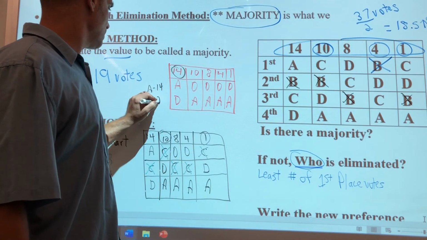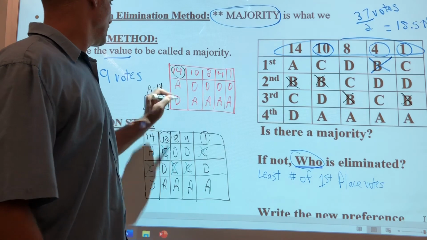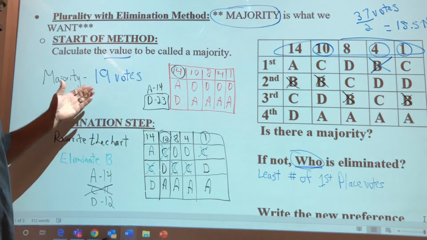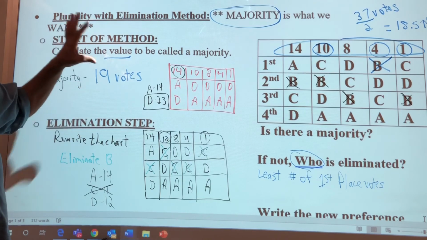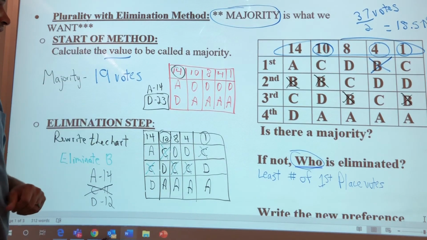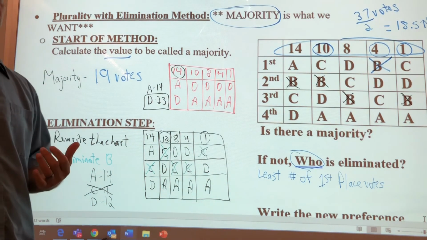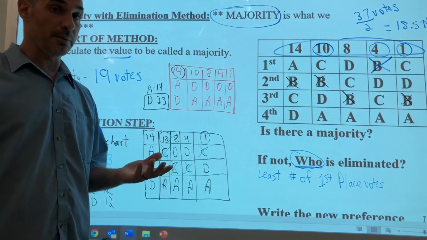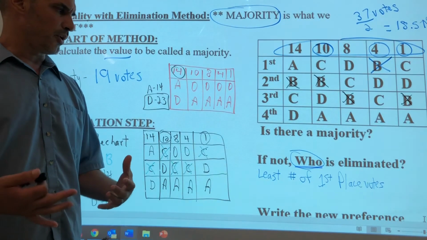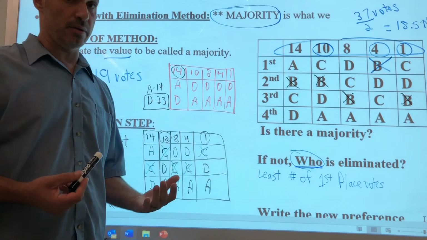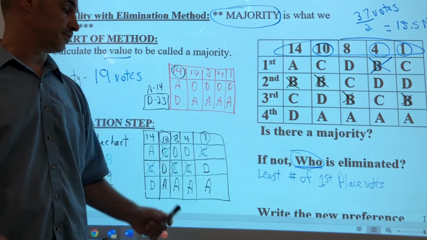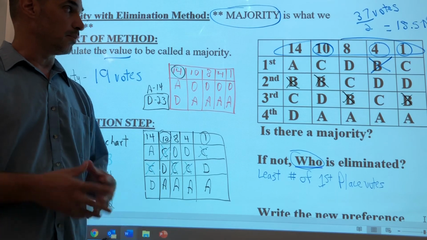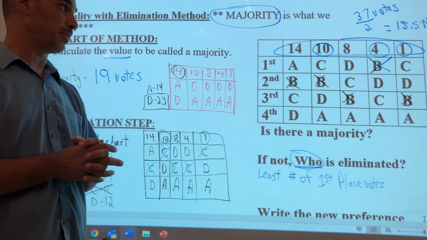D has 23 first place votes. And 23 has surpassed 19, so if you had 19 or more votes, you would be the winner. So D would be the winner by plurality with elimination. So plurality with elimination is another method we have to find out the winner of a preference ballot election.